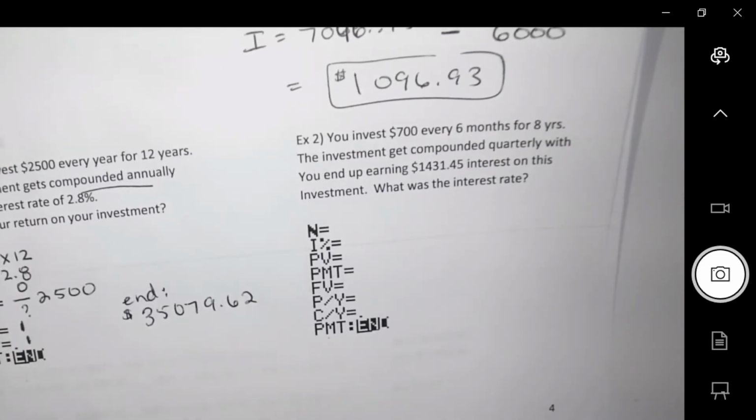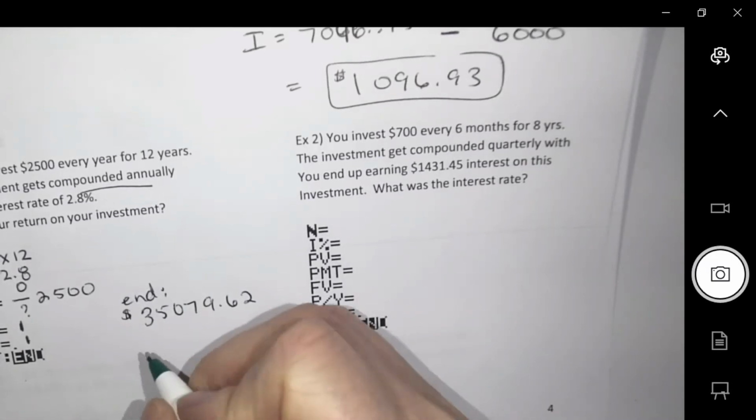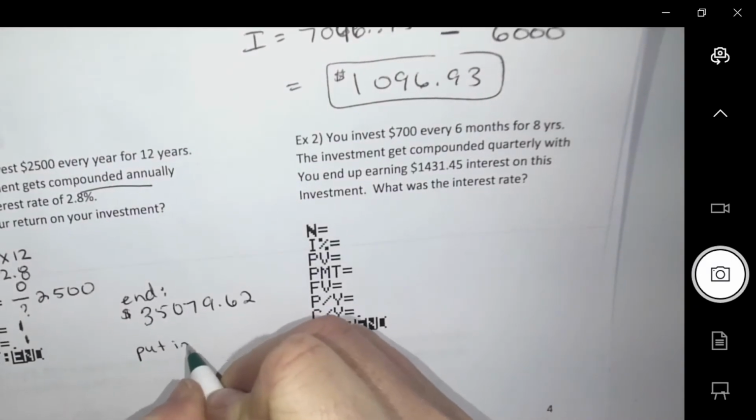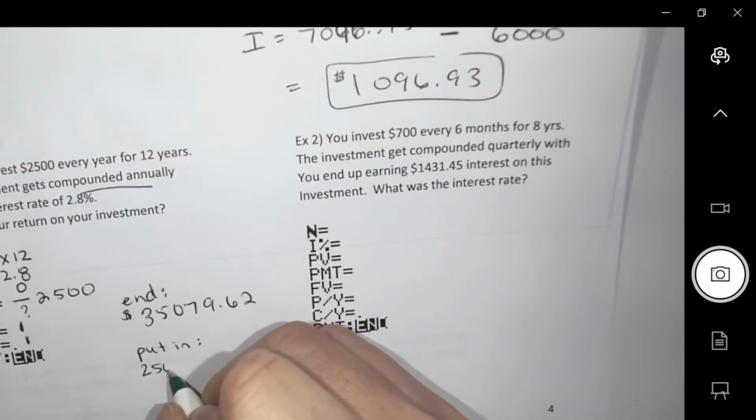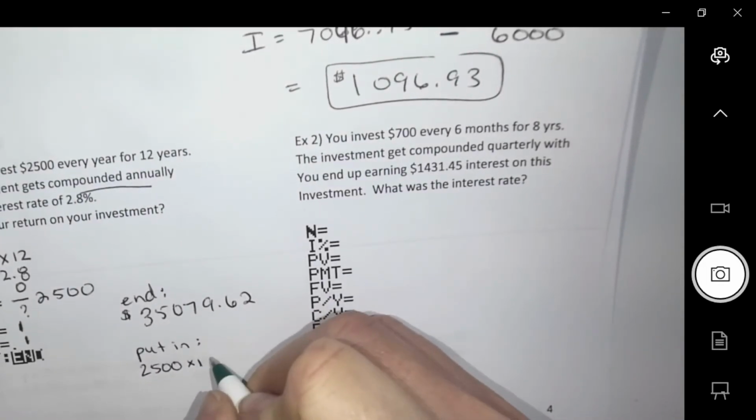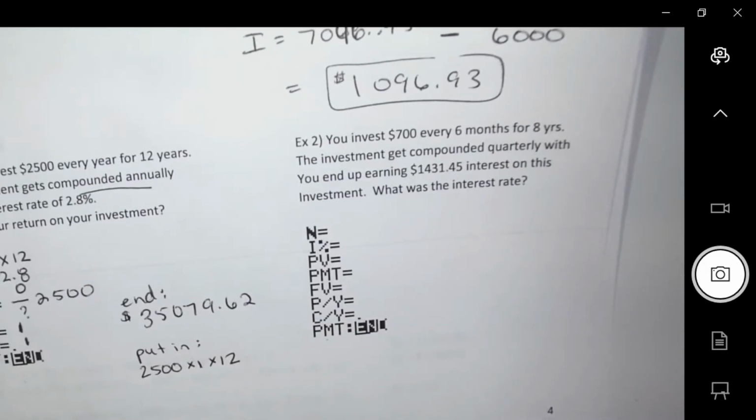Okay, everyone is getting that number? Do I have a match with somebody? Okay, we need to figure out the return on our investment. So we're going to have to figure out the interest part. So how much money have I put into this myself? I put in $2,500 one time a year for 12 years.